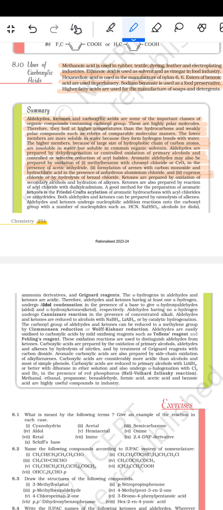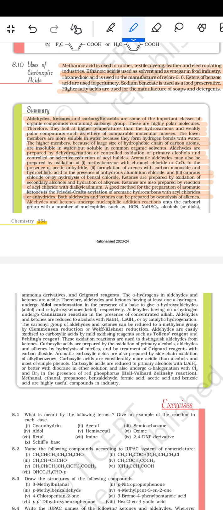Ketones are prepared by the oxidation of secondary alcohols and the hydration of alkynes. Ketones are also prepared by the reaction of acyl chloride with dialkyl cadmium. A good method for the preparation of aromatic ketones is the Friedel-Crafts acylation of aromatic hydrocarbons with acyl chloride or anhydrides. Both aldehydes and ketones can be prepared by the ozonolysis of alkenes.